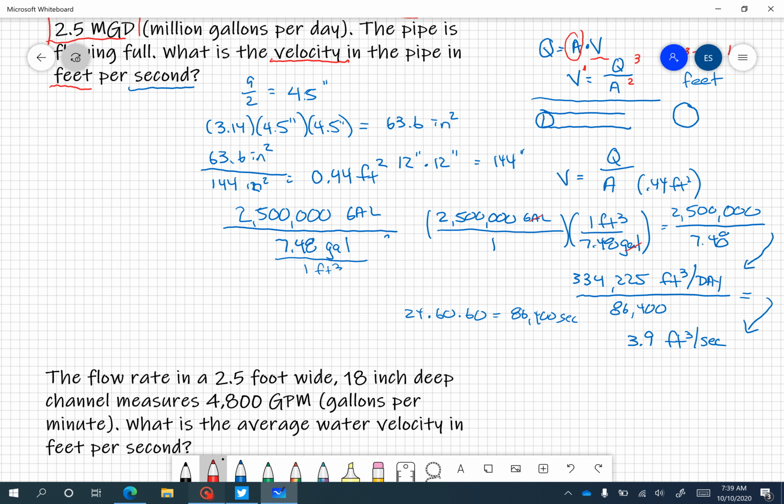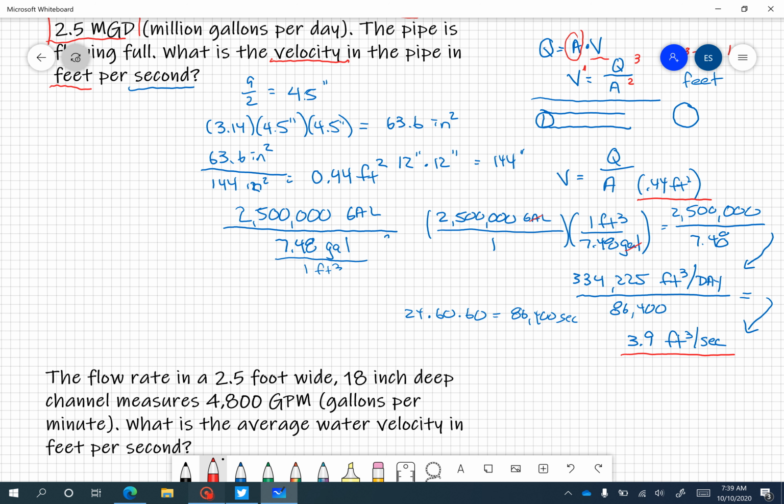So now I've got my flow rate in cubic feet per second, and I've got my area in square feet. Remember my formula, I rewrote it as velocity equals flow rate divided by area.